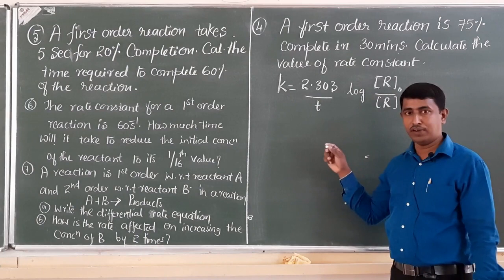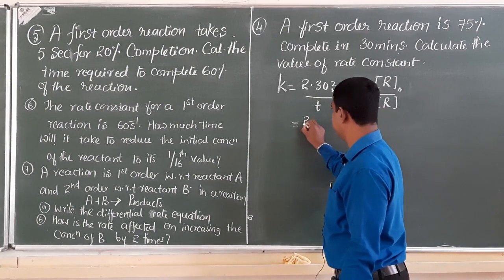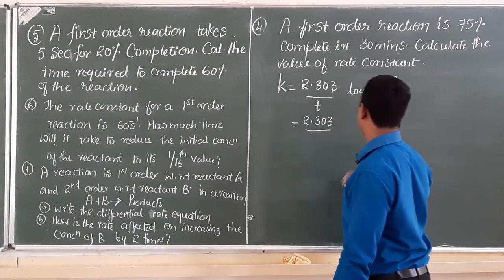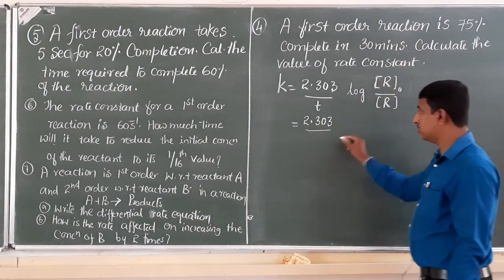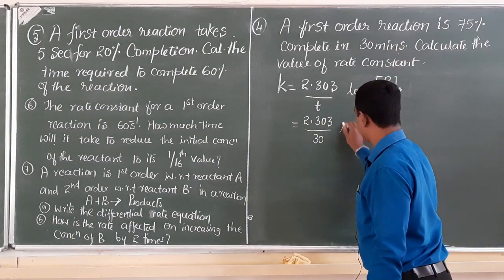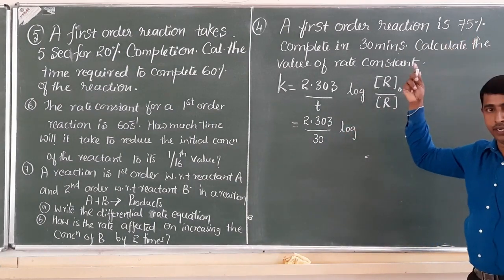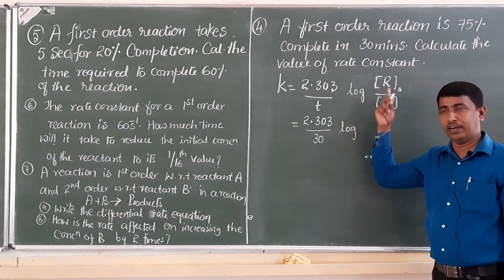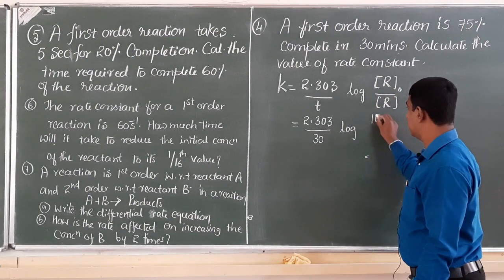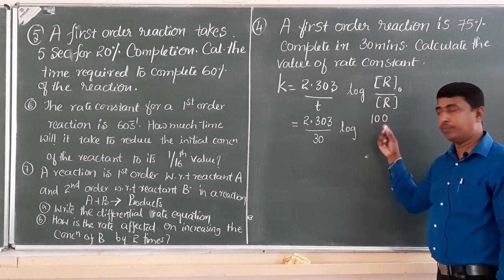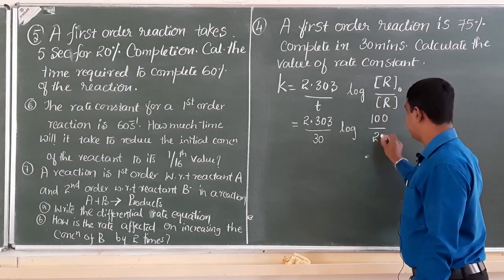Let us substitute the values. So it is equal to 2.303 by t. What is the value of t? T value is 30 log. 75% complete. Percentage is out of 100, so R naught value is 100. 75% complete means remaining amount is only 25.